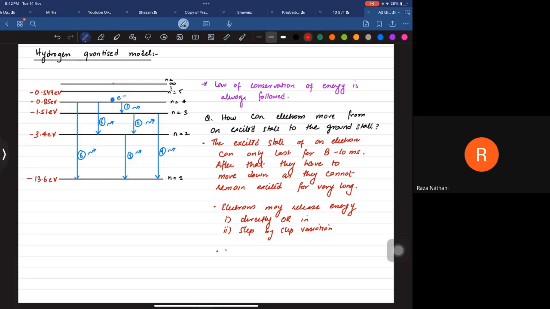So it releases energy in the form of photons whenever it comes down. All right, kids, any questions?